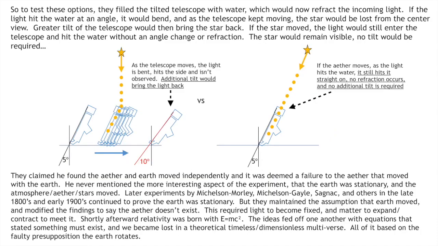Those are essentially our two options. So to test these options, they filled the tilted telescope with water, which would now refract the incoming light. If the light hit the water at an angle, it would bend, and as the telescope kept moving, the star would be lost from the center view. If the ether and the Earth moved independently, you would lose the object with greater tilt.